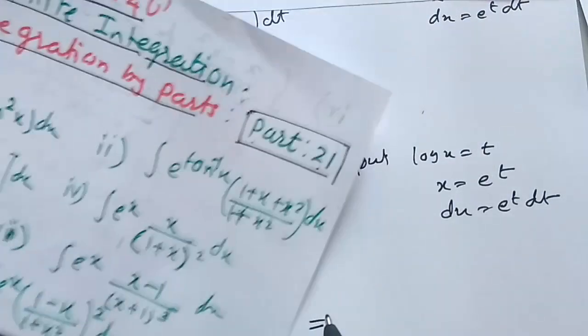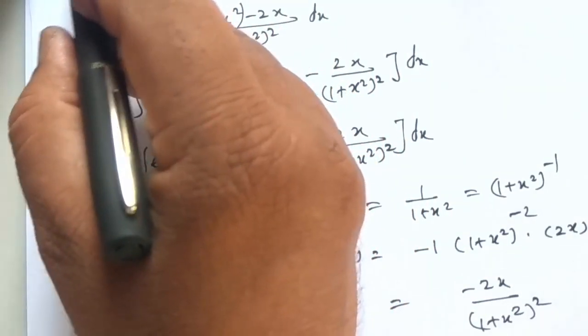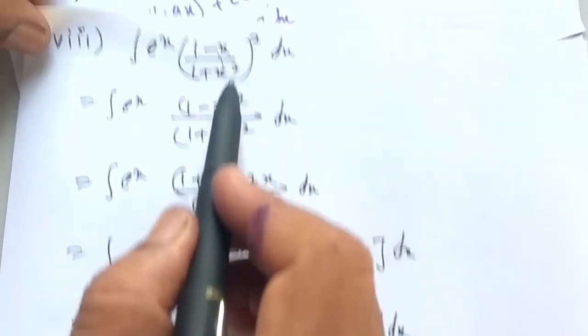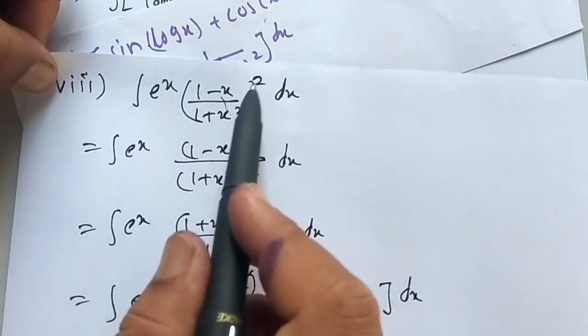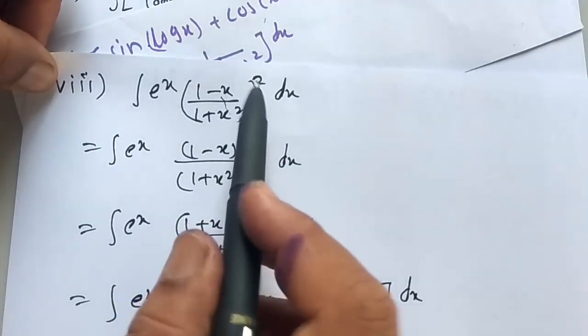So its value is, this is the example number 8, e raised to x (1 minus x upon 1 plus x square)^2.